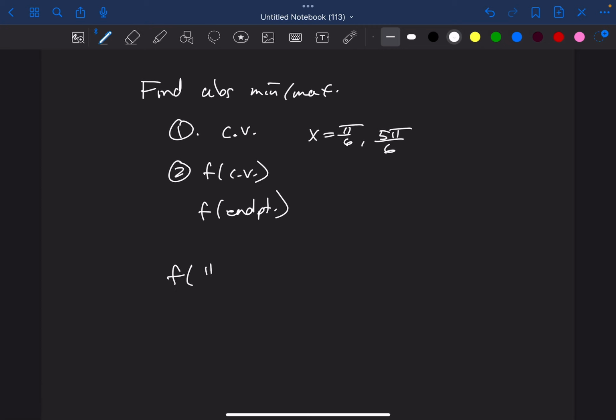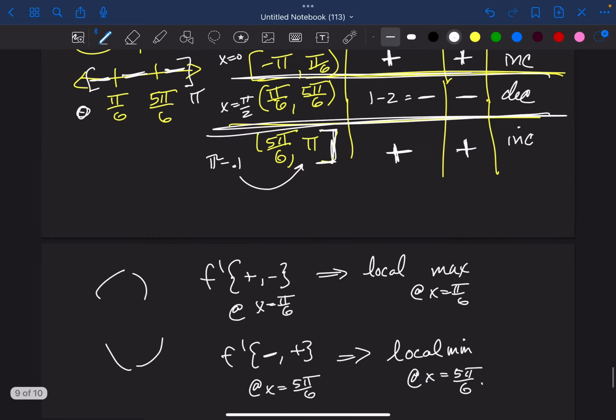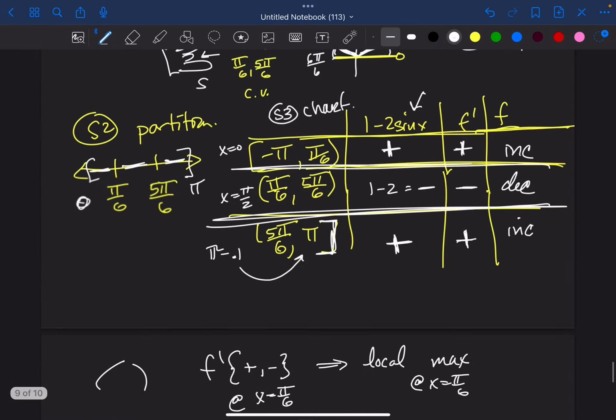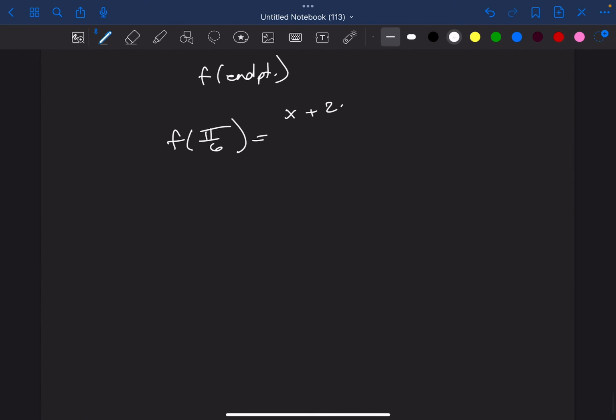So f of pi over 6 is going to end up giving you, remember our function, going into the original function, is x plus 2 cosine of x. That is our original f of x, right?